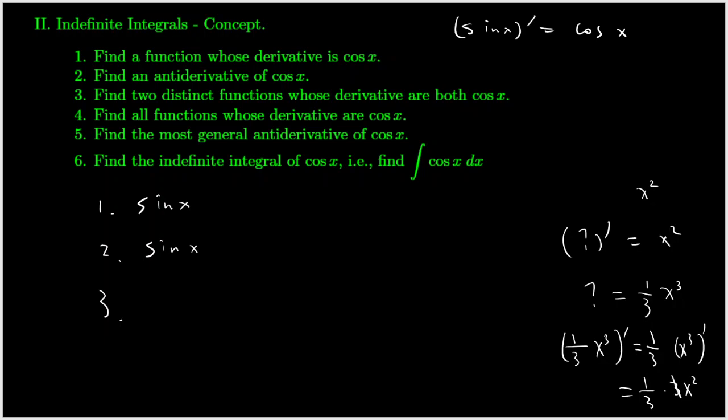Do we see the 3 and 3 cancel? The derivative of 1/3 times x cubed is equal to x squared. That's why 1/3 times x cubed is an antiderivative of x squared. Does that make sense? Don't worry, later on I'm going to give you the general formulas. Today you actually have many formulas to memorize.